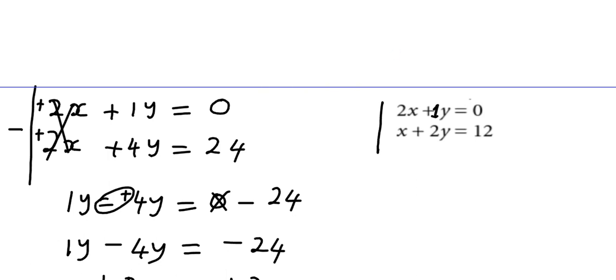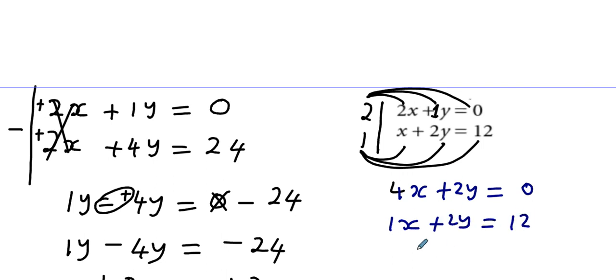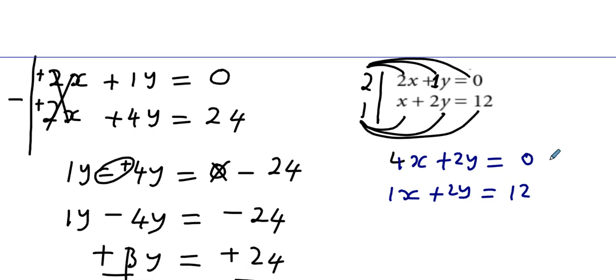Okay, so here we go. This will be 4x plus 2y equals 0. This will be 1x plus 2y equals 12. See that? Now, do you notice that the numbers on y are the same?